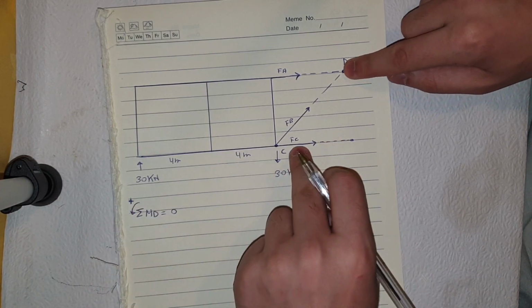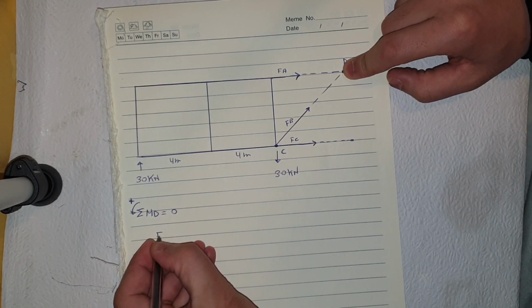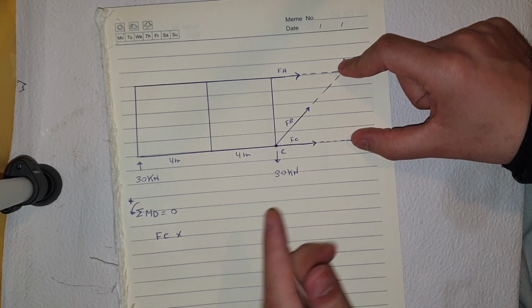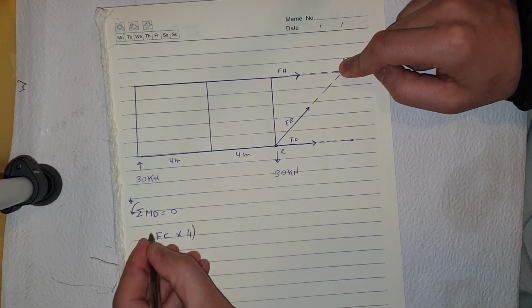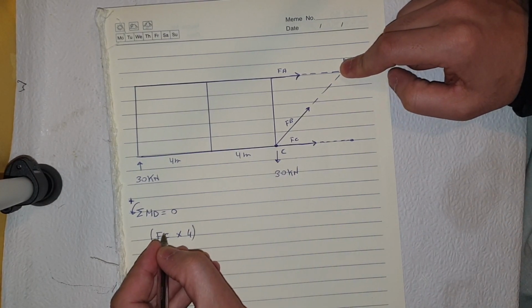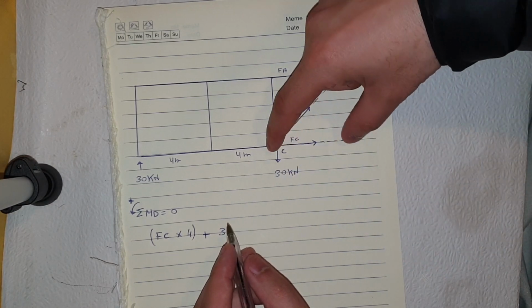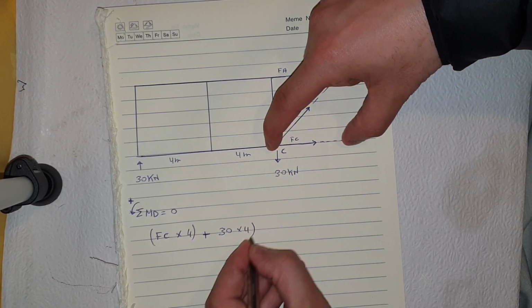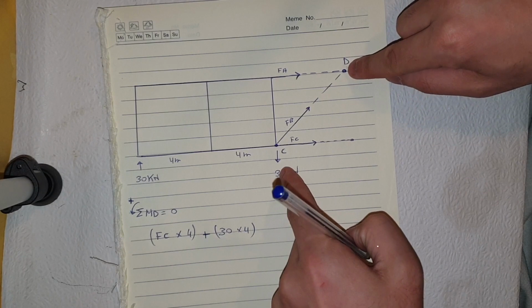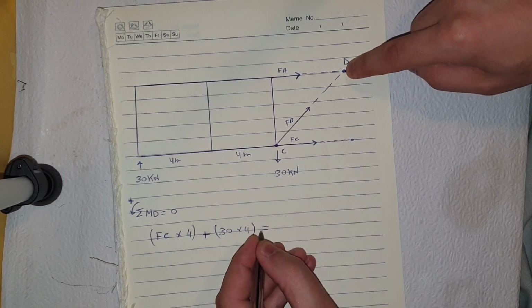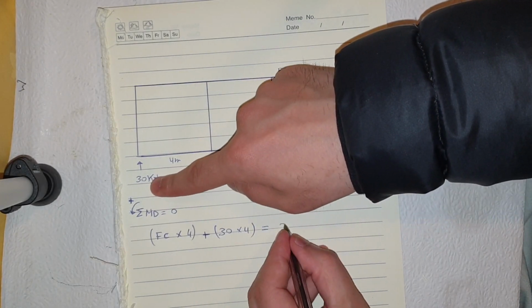We know that FAC is acting anti-clockwise, so I will take FAC times the distance, which is 4 meter, plus 30 times the distance 4, because it's acting in the same direction as FAC, that's why it's plus.